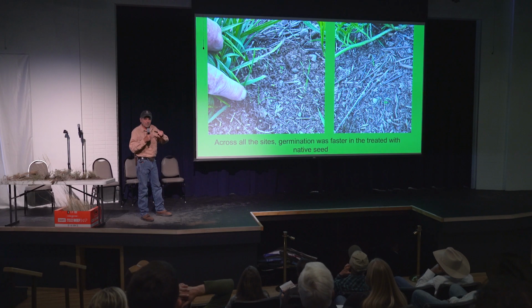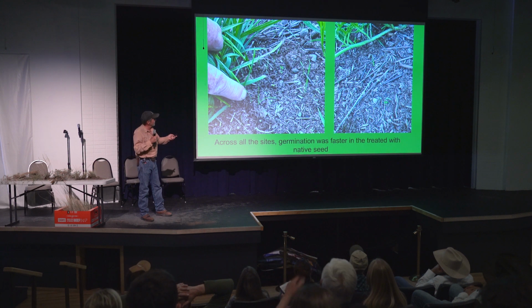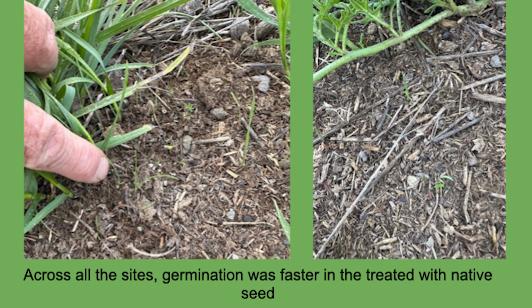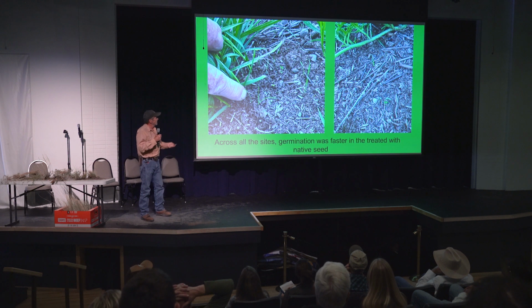I didn't clear the ground. I didn't use any chemical. I just seeded right into the weeds. I did it on quite a few different sites as well. If you look at these seeds here, they're in the 2-leaf stage, a couple inches tall. Over here in the control where I didn't treat it, they're just starting to poke out of the ground.